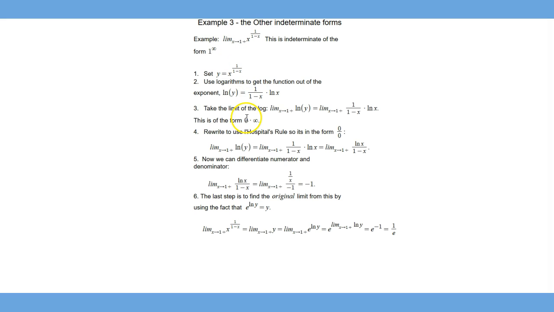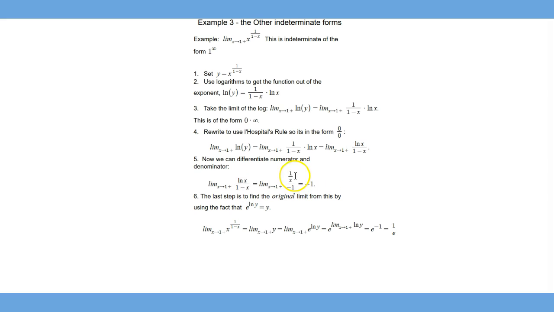So again, using the same procedure, set y equal to the expression, take the logarithm of both sides, and I have it in the form 0 times infinity. So I'm going to use L'Hopital's rule, and if I rewrite this as the ln of x over 1 minus x, then it's of the form 0 over 0.